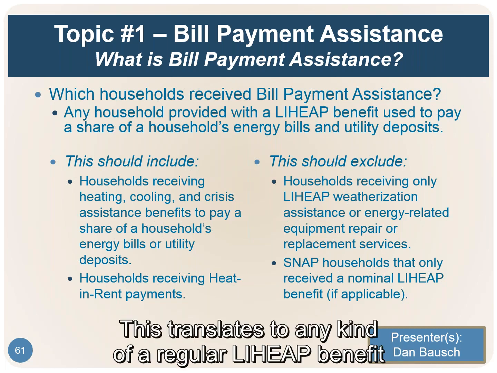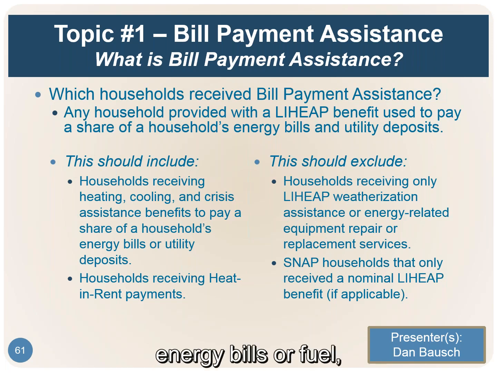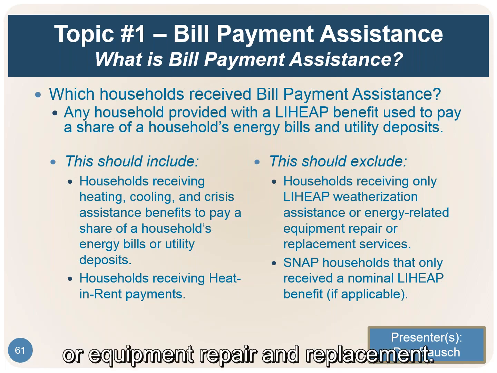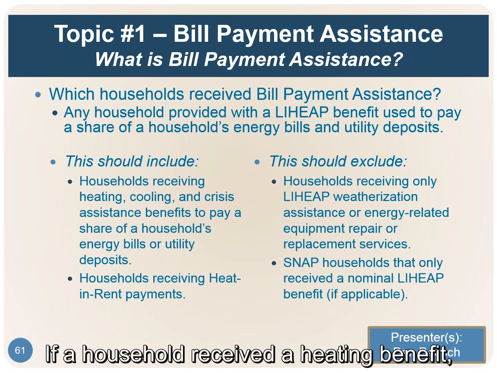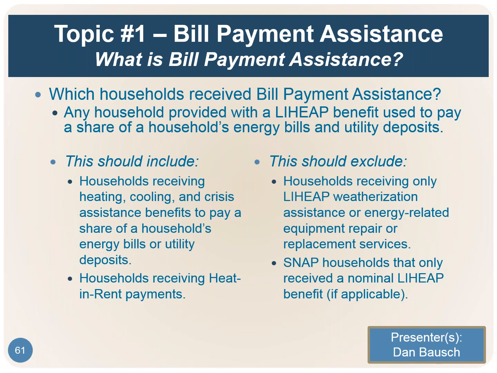This translates to any kind of regular LIHEAP benefit or a crisis benefit that goes to help pay for an energy bill or fuel, and it would exclude things like weatherization or equipment repair and replacement. So if a household received a heating benefit, a regular cooling benefit, or a crisis assistance benefit, it would be counted.